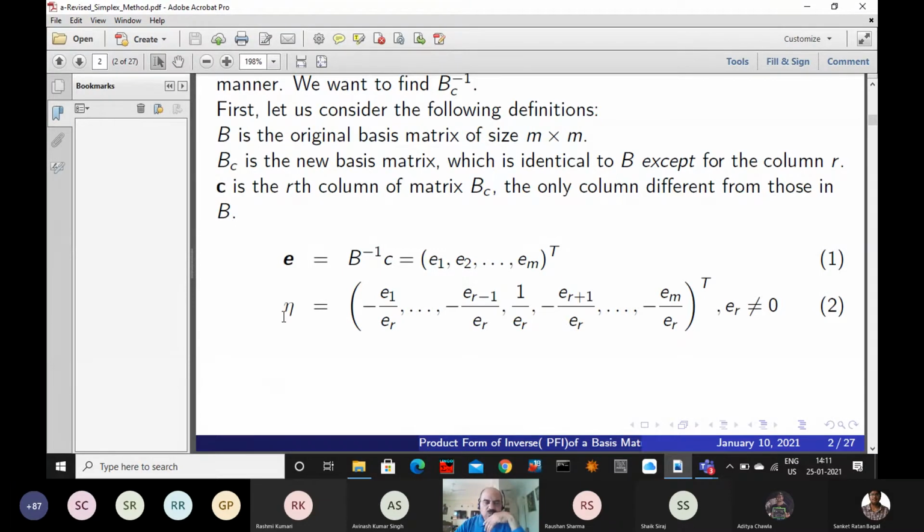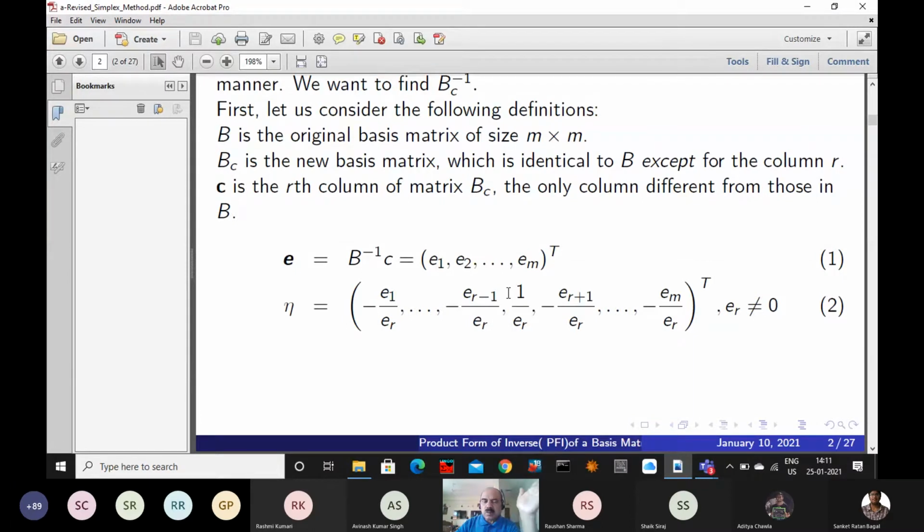Eta equals, that is, minus... see, the rth column is different. Observe these elements. This is equal to minus E1 divided by ER, minus ER minus 1 divided by ER, and so on.